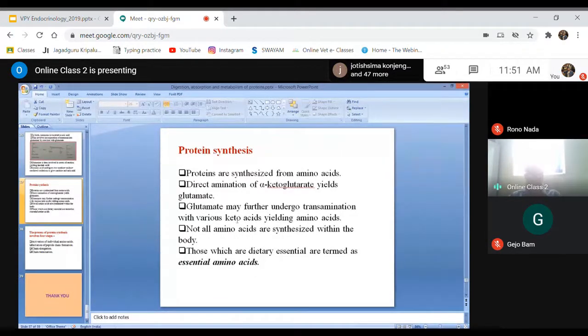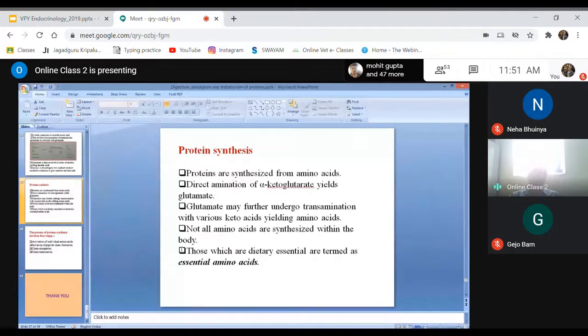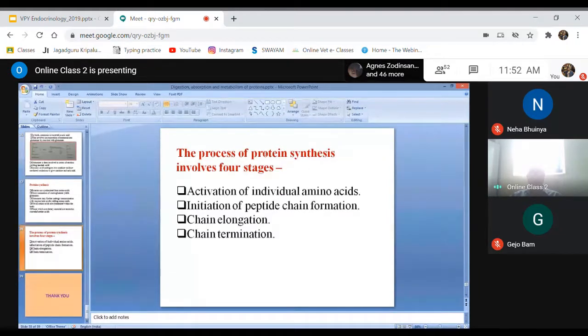Glycine, along with the other 10 essential amino acids, is required by the bird, and therefore there is need of 11 essential amino acids in birds, whereas non-ruminant animals need 10 essential amino acids in their diet, because these essential amino acids cannot be synthesized, but other amino acids can be synthesized from amino acids of dietary origin. This process of protein synthesis involves 4 different stages.